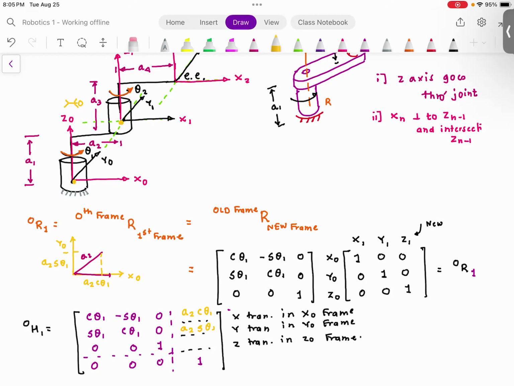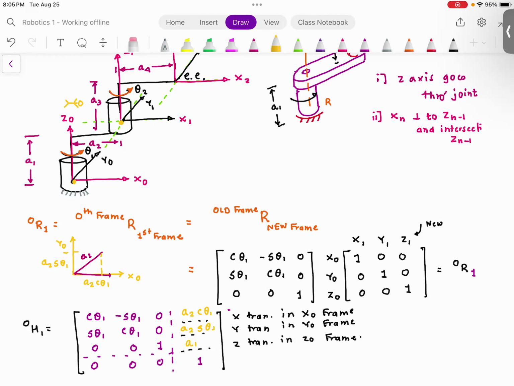And what about Z0? No matter what is the value of theta, the Z distance between the 0th frame and the first frame is not going to change. So that will be A1. Do you agree with me?